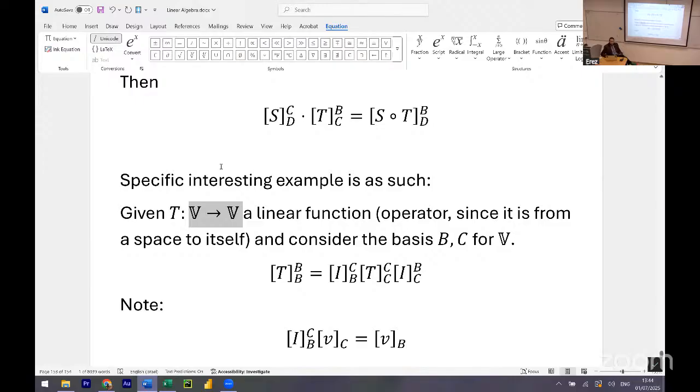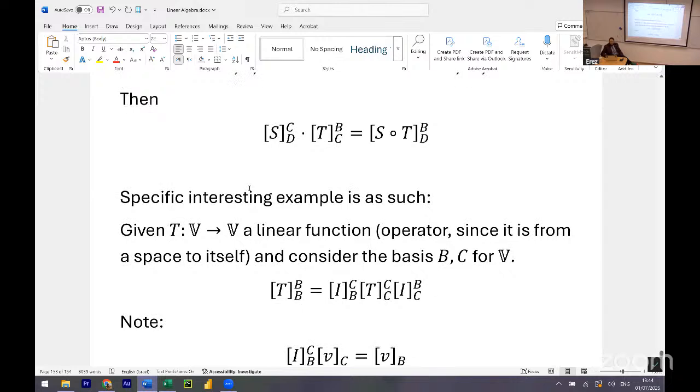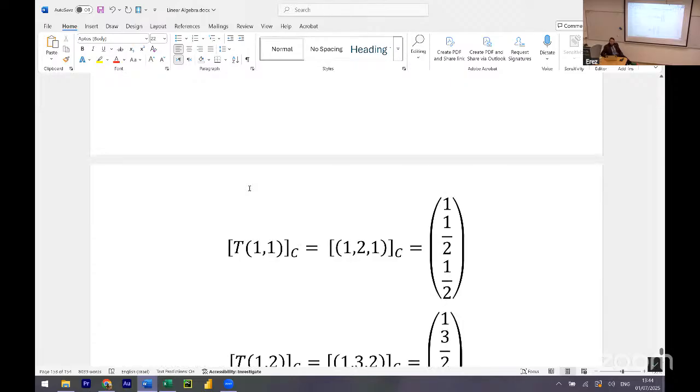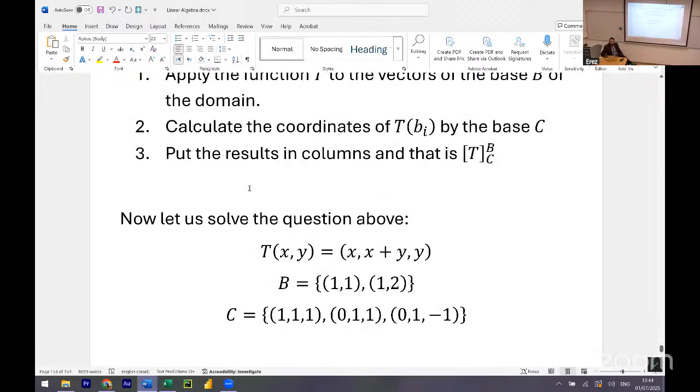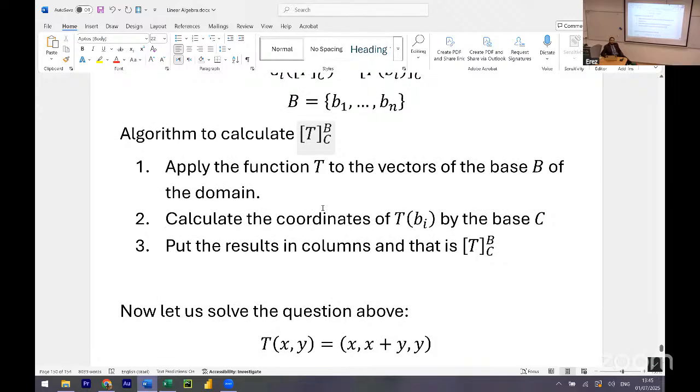Okay? That's why I say it was specific. But it is general in the sense that in linear algebra 2, we will mostly work with this example. But the general story is from any V to U, and then B and C are different bases. They must be. Any questions so far?